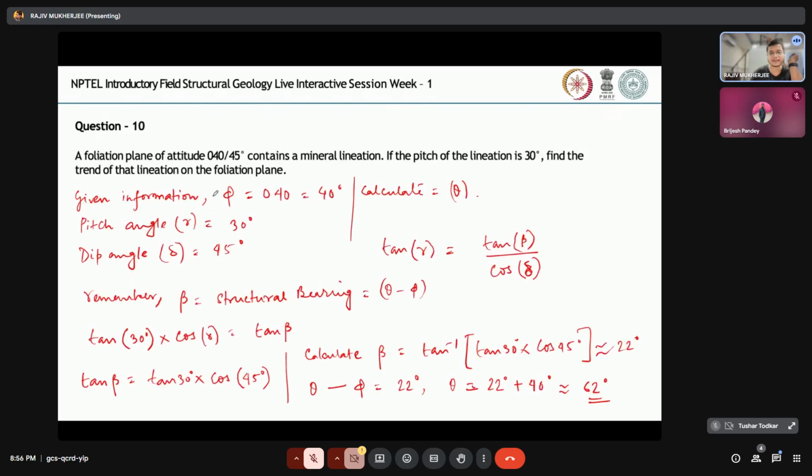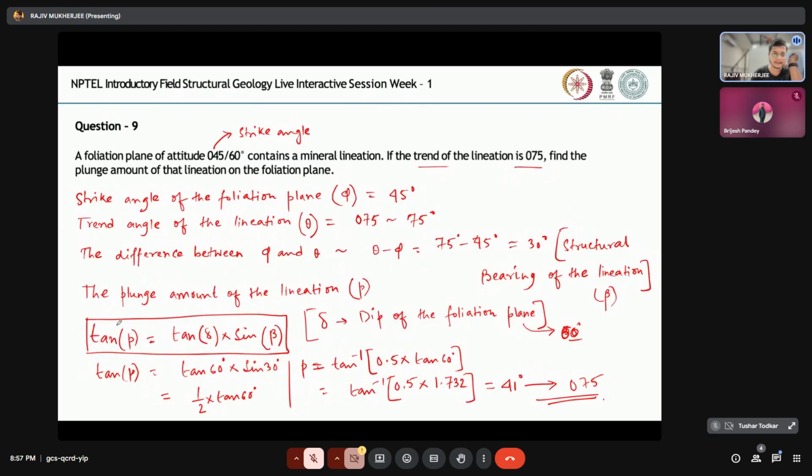So in the previous formula, you should note this relation. It is the pitch, this is bearing, and this is the dip. So this is the trigonometric relation between dip of the foliation plane, pitch of the lineation, and bearing of the lineation. Right? In the earlier formula, this was the plunge, dip, and the bearing.